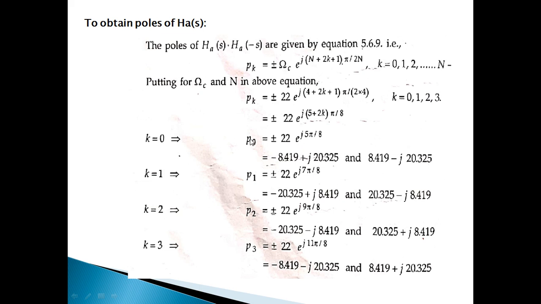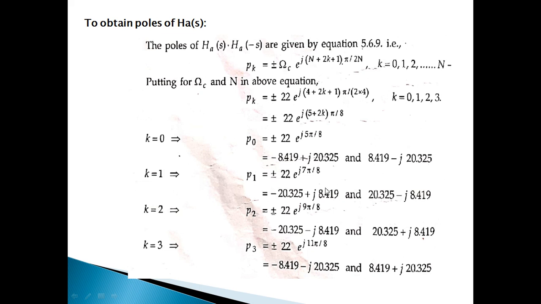If I simplify this one, you'll get minus 8.419 plus j 20.325, and another one plus 8.419 minus j 20.325. Similarly, p1 we get as minus or plus 20.325 plus or minus j 8.419, and p2 is minus or plus 20.325 plus or minus j 8.419, and p3 is minus or plus 8.419 plus or minus j 20.325.